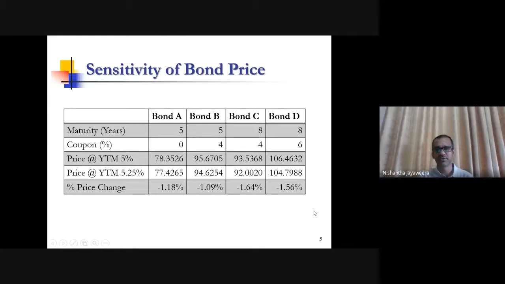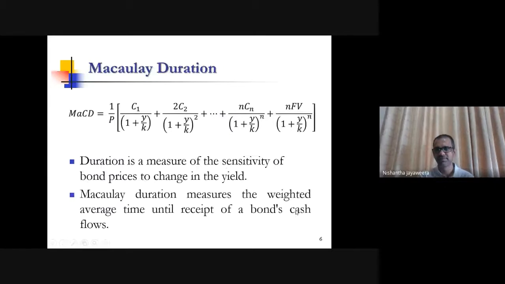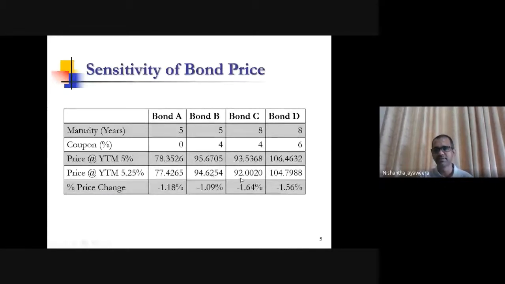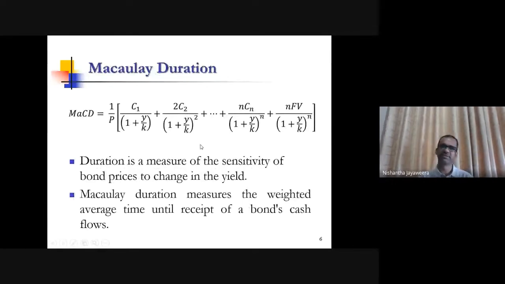So how do we measure this sensitivity? Without doing this for each and every yield change, without calculating the new price and the change, there's a way. So the first measure, we call it Macaulay duration.